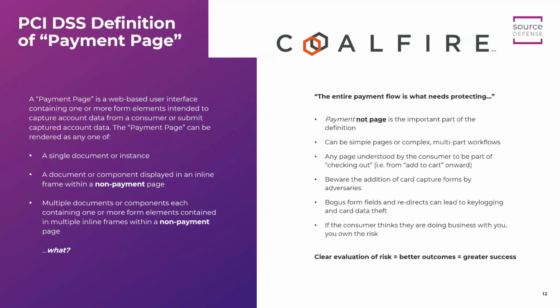The idea being that an attacker who can get into any part of the website that looks like part of the commercial transaction, say I'm going through a checkout process on a product detail page. If an attacker can successfully modify that page and pop up a thing that says, hey, put in your credit card number and you will receive 25% off your order, even though the product detail page I'm describing was not a payment page, it still represents a very rich target for the attacker, as does the parent page of the iframe.